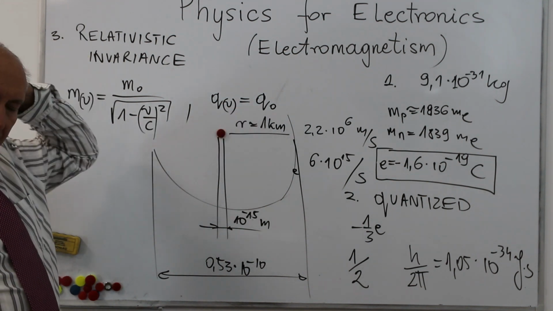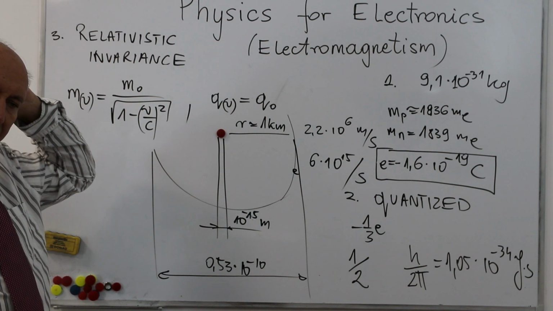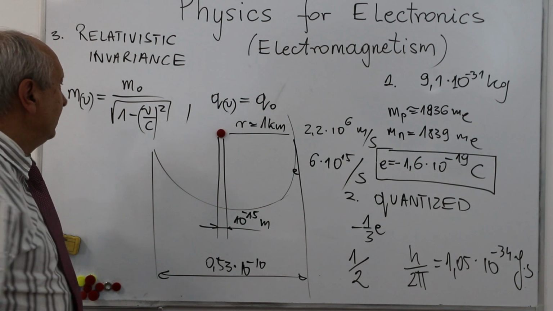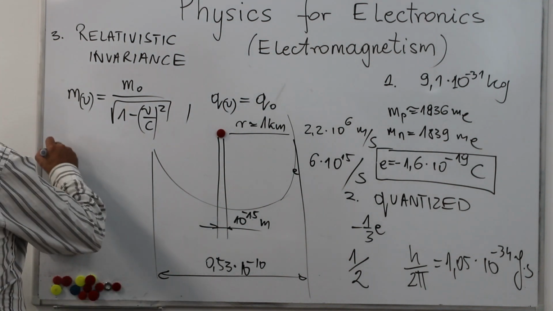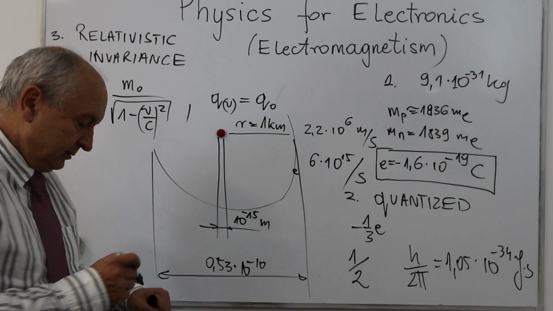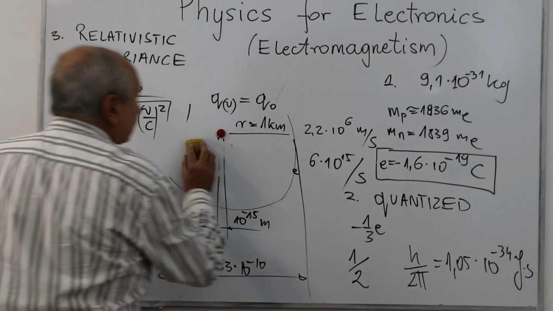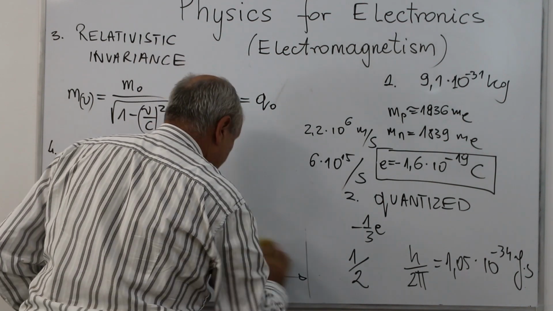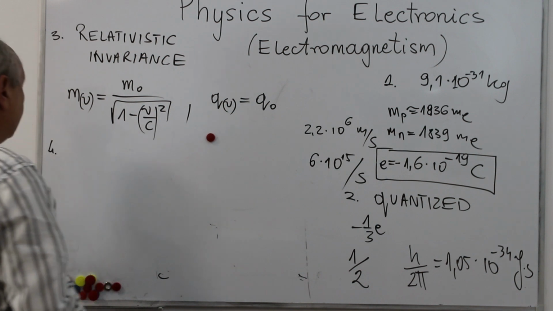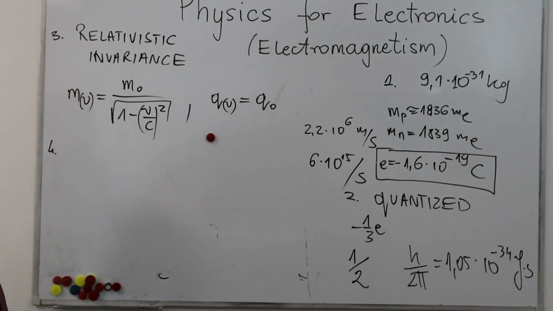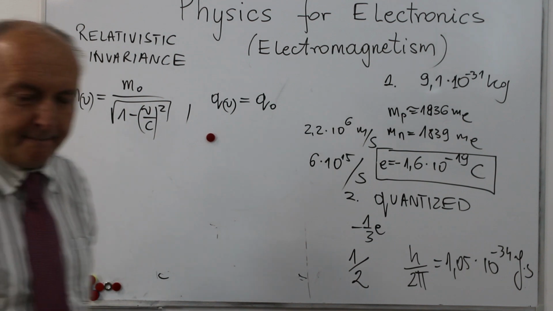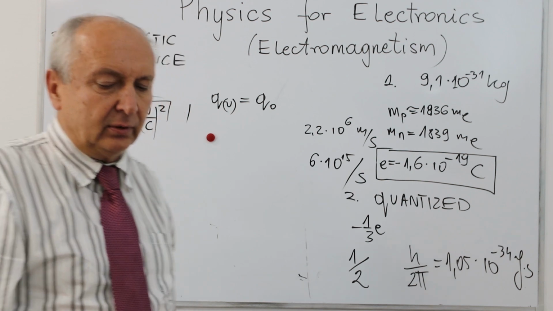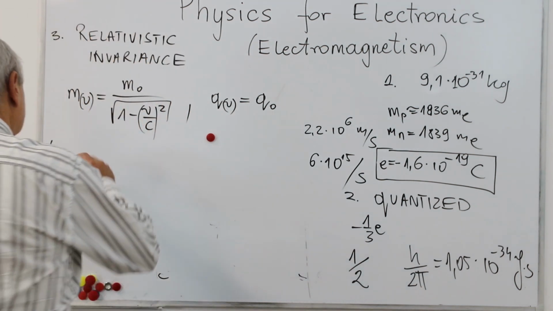Q is the letter that we apply for the charge. And the next feature of the electron is the so-called conservation of charges, the law of conservation of charges.